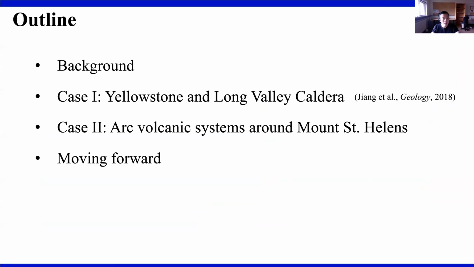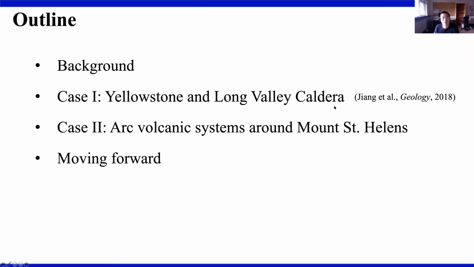To give you a roadmap of where I'm going, I'll start with some background on why we want to study them, what we are studying, and what kind of tools we use. Then I'll take you to the first case, Yellowstone and Long Valley. It's relatively easy to start with the larger volcanic systems such as these two.